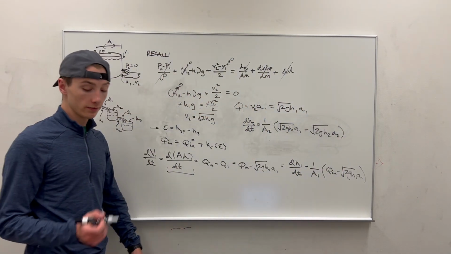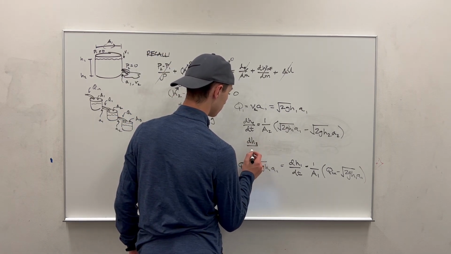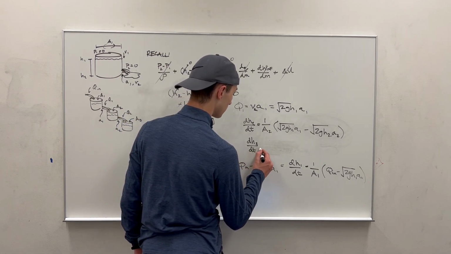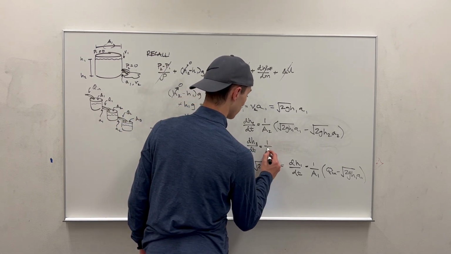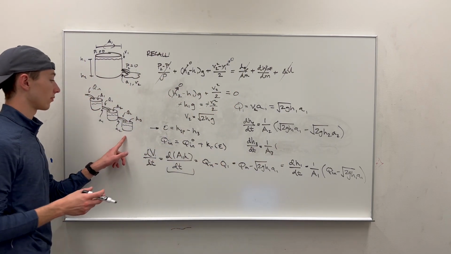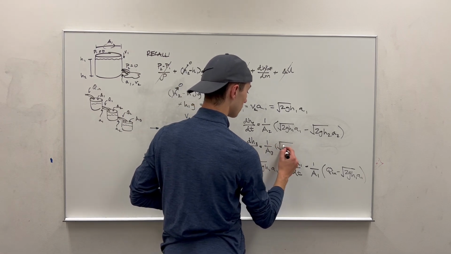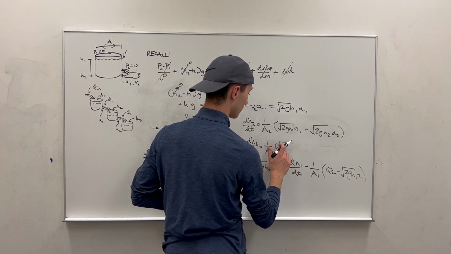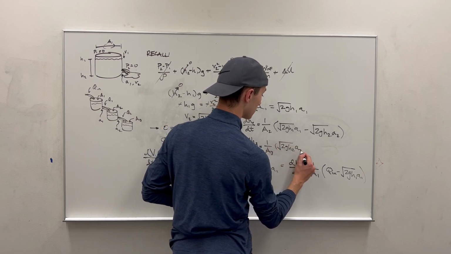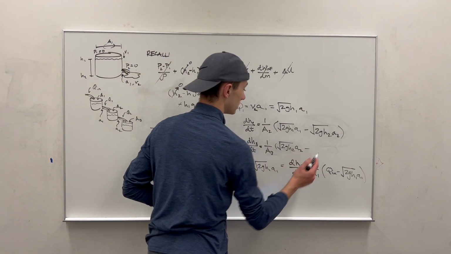Okay? And the rate of change of volume for the final tank, same format here, 1 over A3 times what goes into A3, which is the outlet from tank 2, 2GH2A2, then minus what goes out.